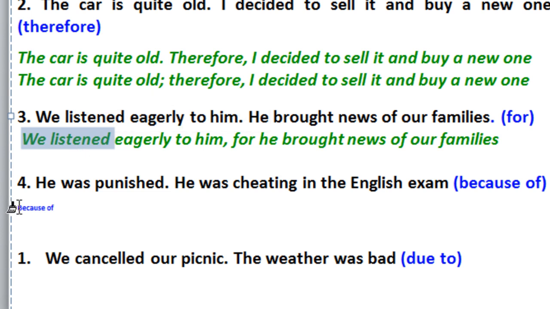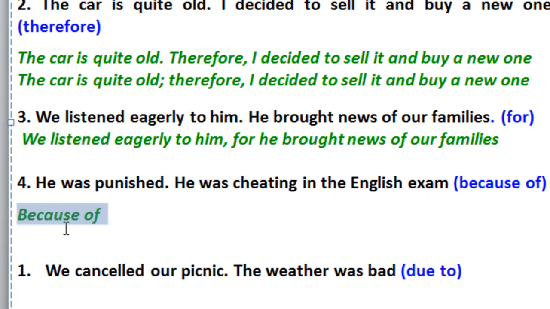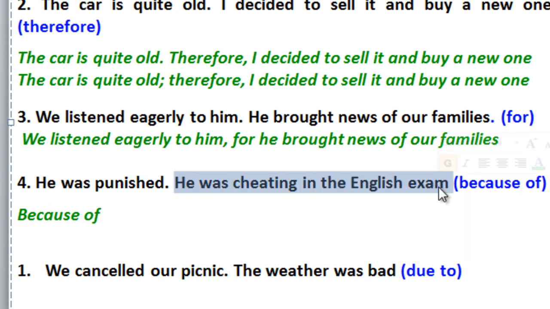The cause following because of must be a noun phrase, or the fact that plus sentence. So given that the cause given is a sentence, we can keep it unchanged, and before it we put the fact that.